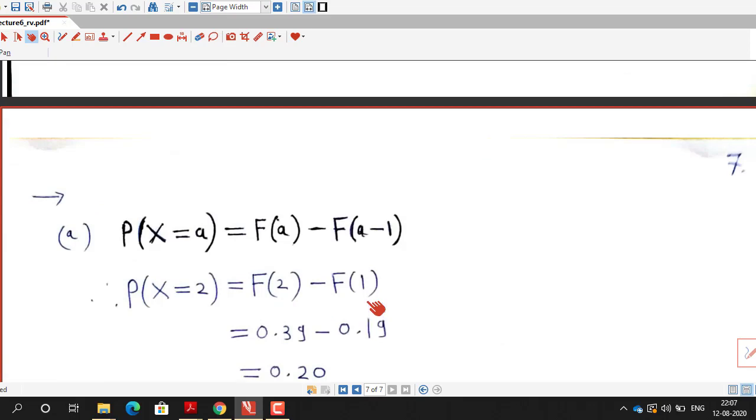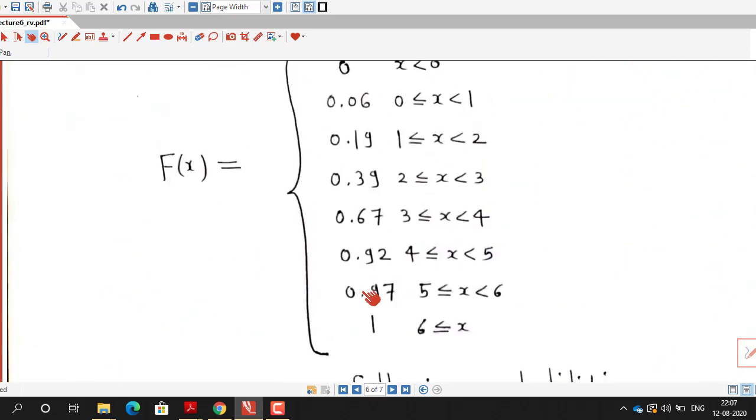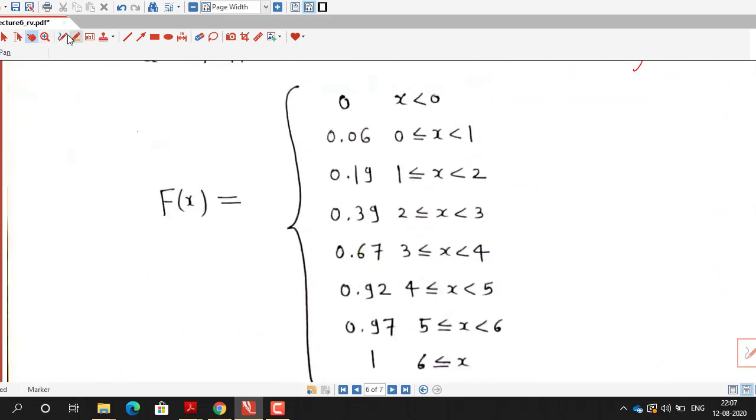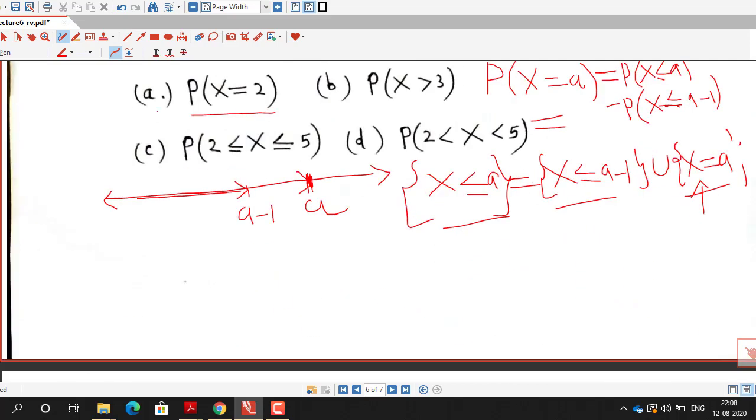And now we can find F of 2 and F of 1 from this CDF. F of 2 is 0.39, and this is the value at x equal to 1. So F of 2 is 0.39 minus F of 1, which is 0.19.